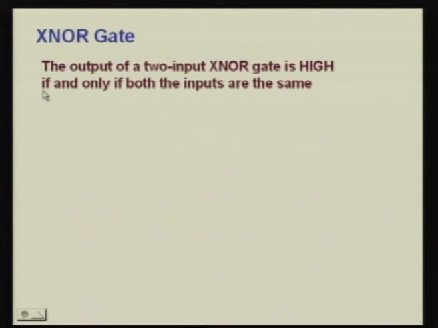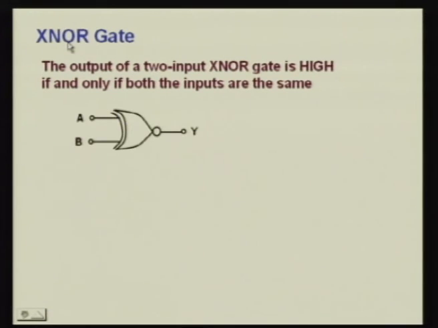Here again we have used the mathematical expression "if and only if". It is just the opposite of the XOR gate, where we got a high state when both the inputs were unequal, but here we will be getting a high state if both the inputs are identical.